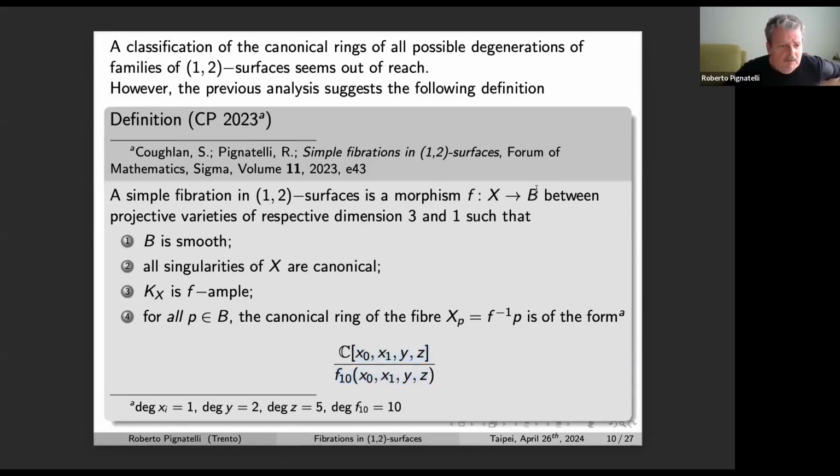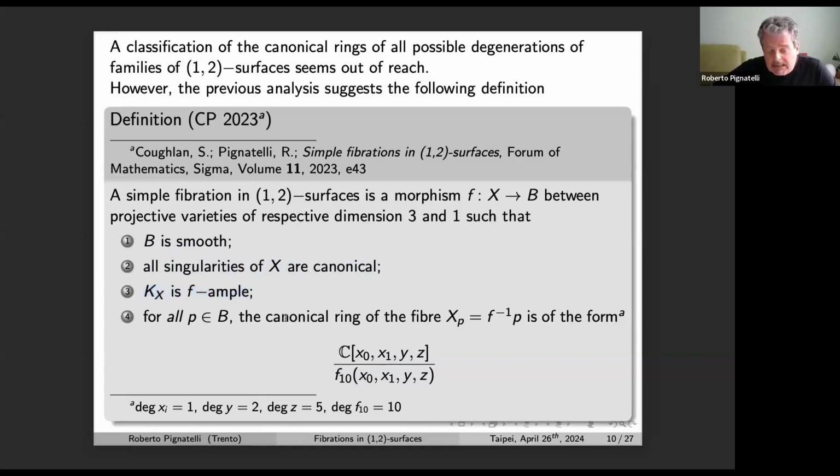which is a smooth projective curve. It doesn't need to be P1, although it will be for the applications we have. But up to now, I'm going to ask the singularities of X to be at worst canonical singularities. I don't need to ask the canonical divisor to be ample, but at least relatively ample, which is the natural definition.